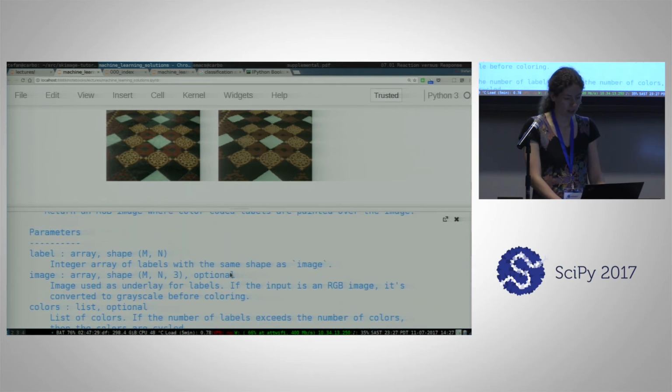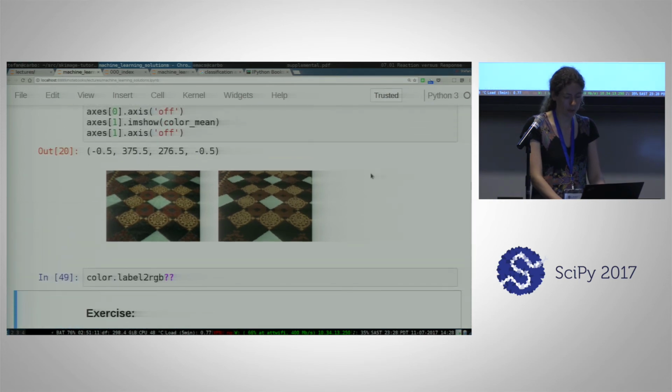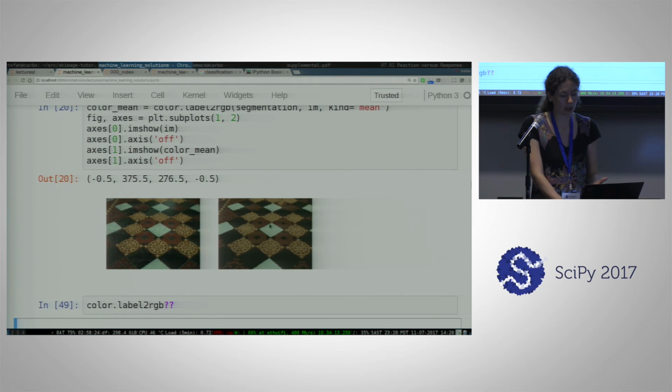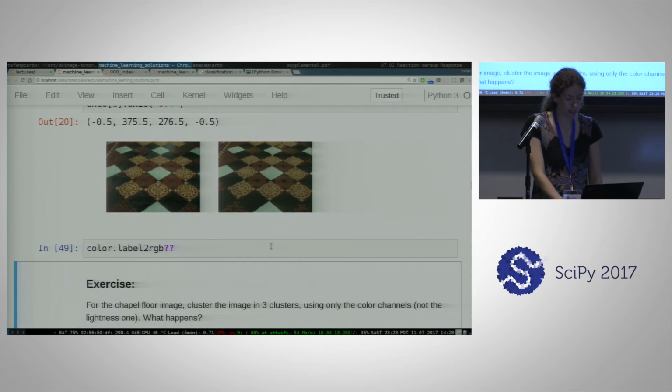So here what I did was to do like a posterized version of the image. I don't know if some people here are using GIMP. You have this very nice filter that's called the posterize filter, and it outputs an image where you have only a few color levels. That's what we have here. We have as many colors as the number of clusters that we used in the classification.